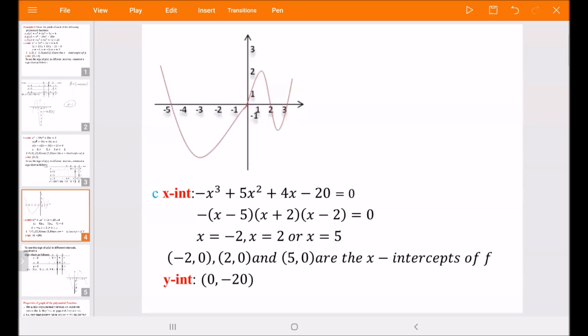The degree of this polynomial is 4, and 4 minus 1 is equal to 3. So 3 turning points, and from these 3 turning points, 2 are valleys. Therefore, the graph of this polynomial has local minima at these 2 points, and there is 1 peak, and at this peak, the graph has a local maximum.